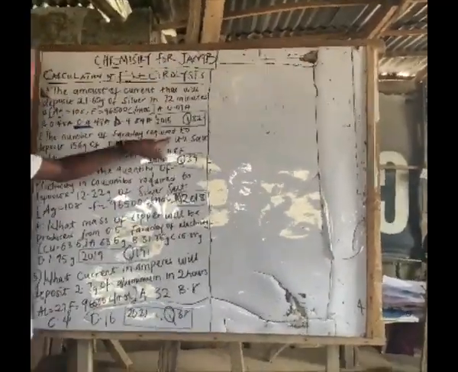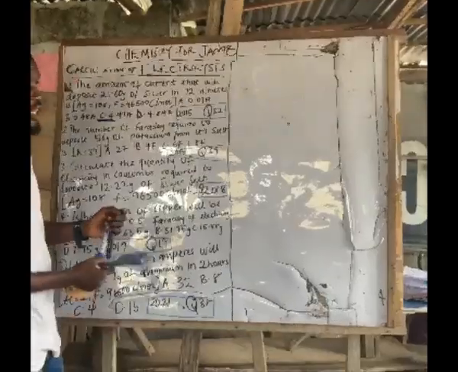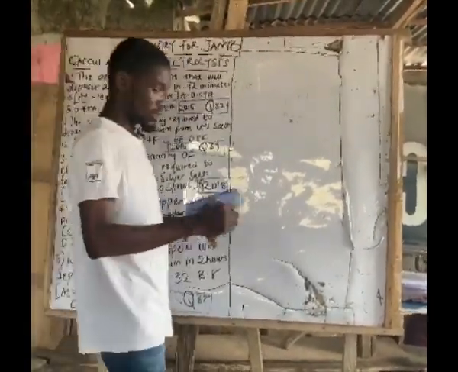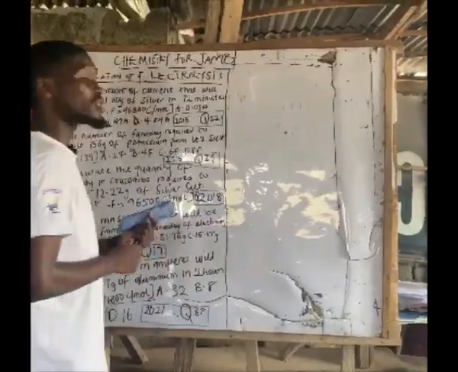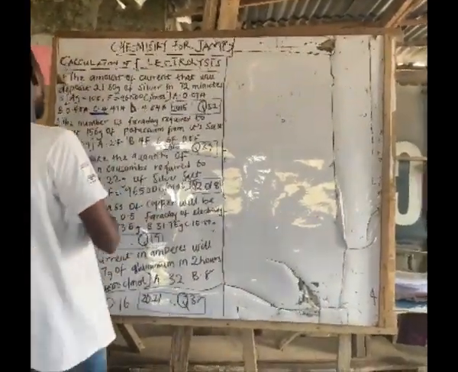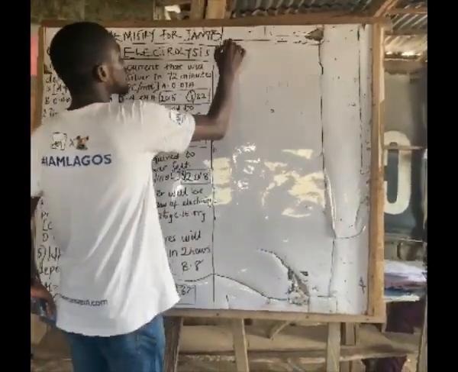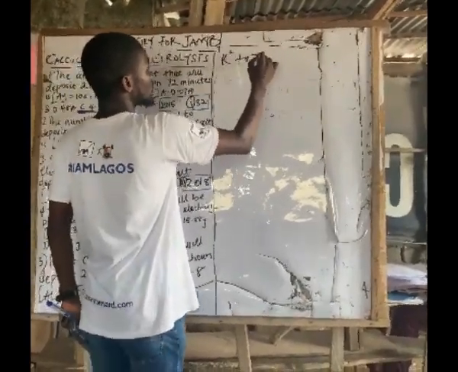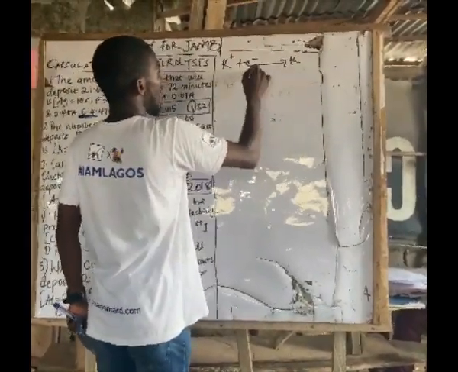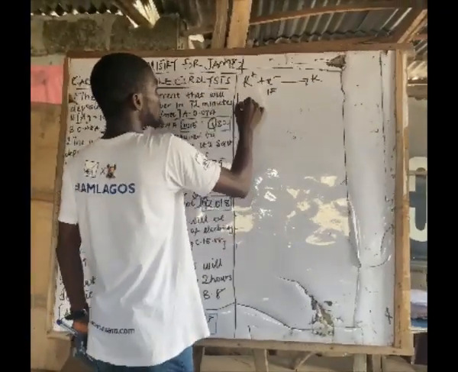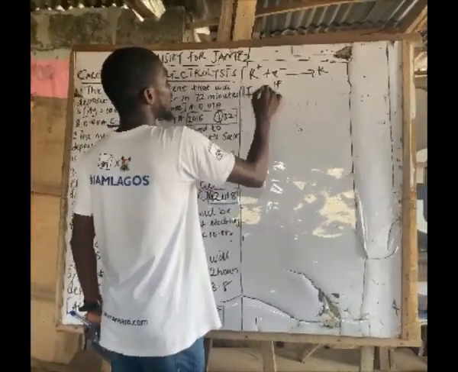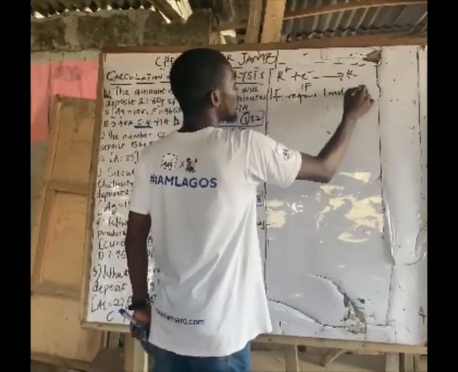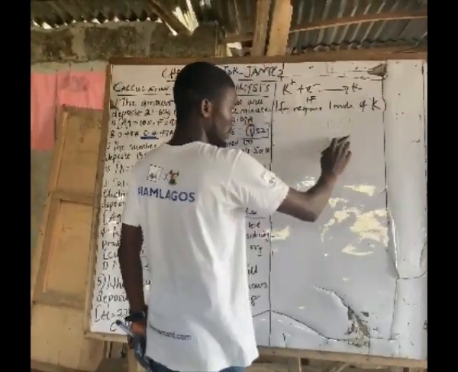The number of Faraday required to deposit 156 grams of potassium from its salt. This one is very simple and short. Potassium is positive, so we write the equation first. 1 Faraday requires 1 mole of potassium.